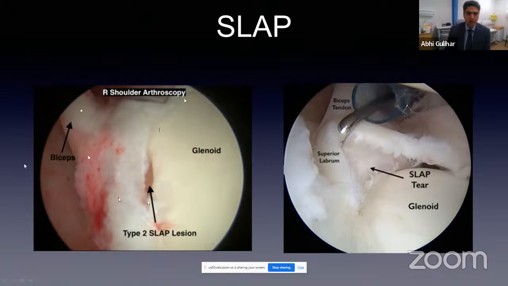On the left-hand image is what we see commonly, that the biceps is very gently elevated and other parts of the labrum are generally quite stable. But in the right-hand image, what we are seeing is an extensive superior labrum tear extending both posteriorly and anteriorly. And obviously in patients with significant symptoms, you would have to do something about the labral tearing as well.